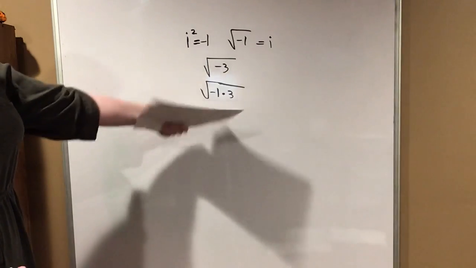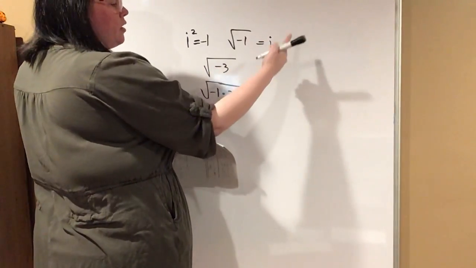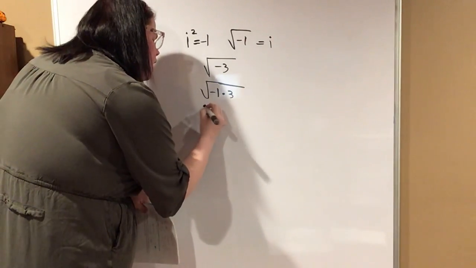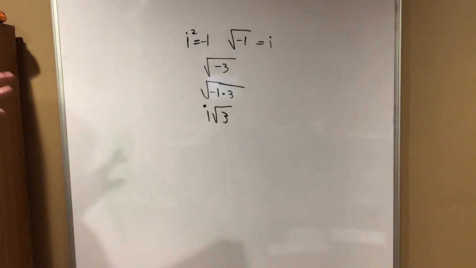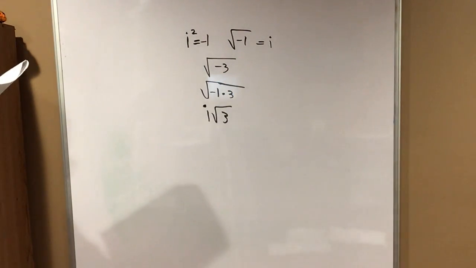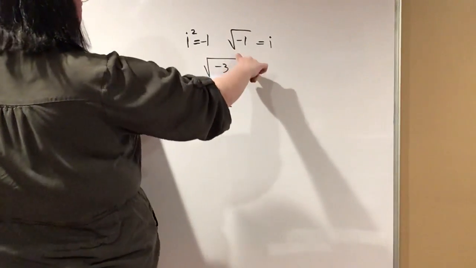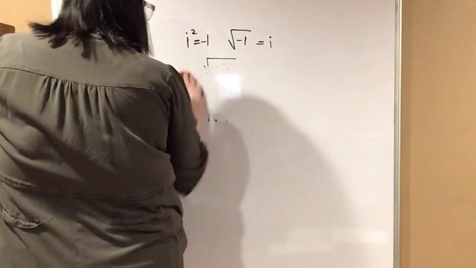And we can pull this negative 1 out, because we know that the square root of negative 1 equals i. So now I'm left with i square root of 3. These are complex numbers. Knowing that i squared equals negative 1, the square root of negative 1 equals i. Remember this.